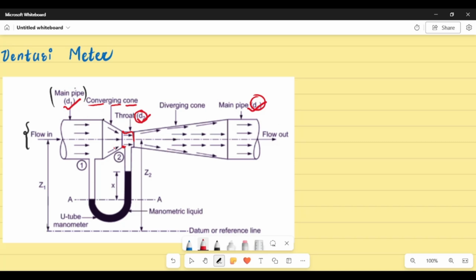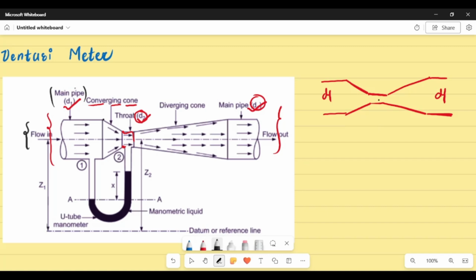This upper portion is just a simple pipe with a converging part, a constant diameter, then diverging, and then again a constant diameter. So we have d1 here, d1 here, and d2 over here, and this is the converging part and this is the diverging portion of this diagram.